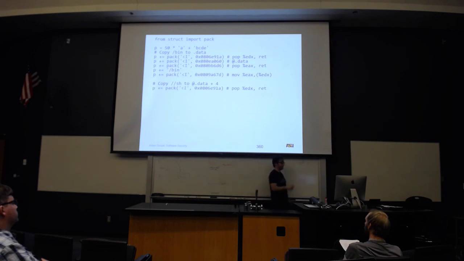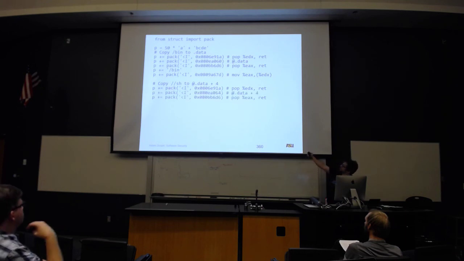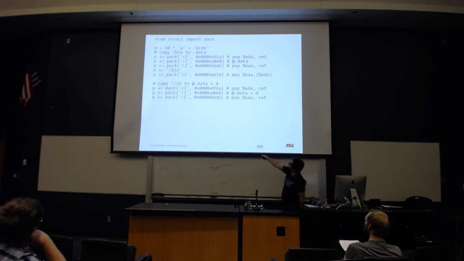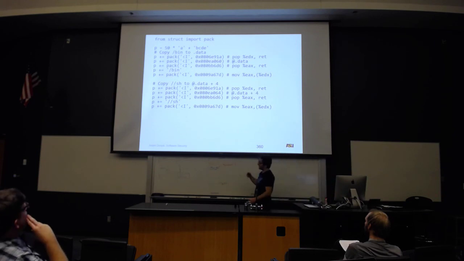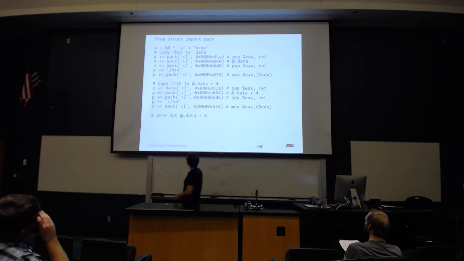So now we pack the same thing, but instead of this data address, you do data+4, and you write /sh into it. Boom. And you trigger the same gadget for that.